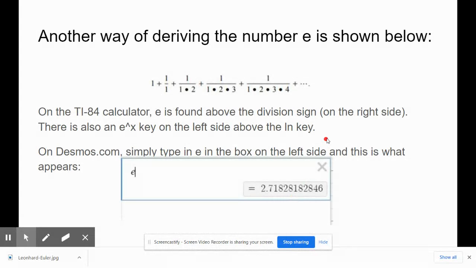And also, I wanted to go back to the TI-84 for just a minute and tell you that there is also an e raised to a power key that is on the left-hand side of the calculator. It's right above the LN key. We're going to be talking about LN in this chapter, along with log, which is right above it.